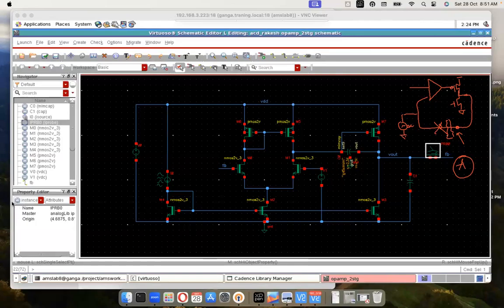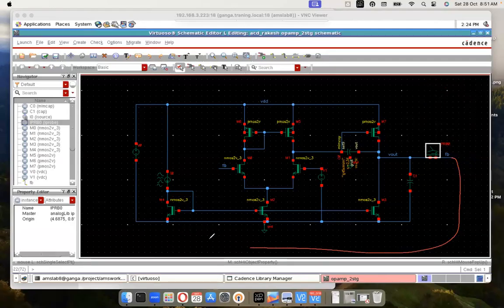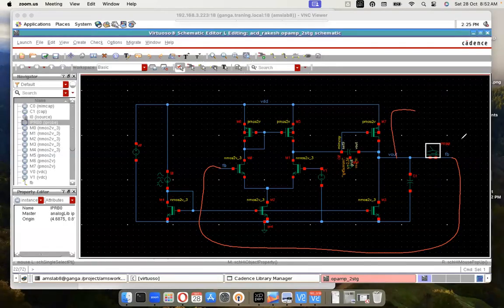Meaning, let me clear all the drawings. You have the CFB node coming here. It's a feedback, right? Now, you cannot randomly break the loop. So what you're supposed to do is, let's say you have this V out here. You have to pass the DC so that your DC operating point is not really disturbed.